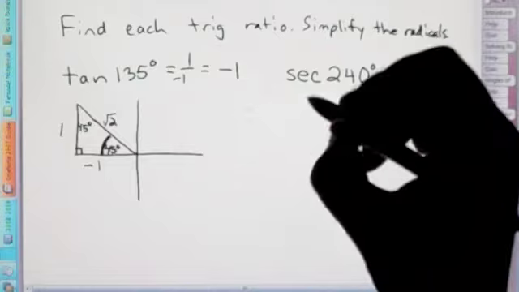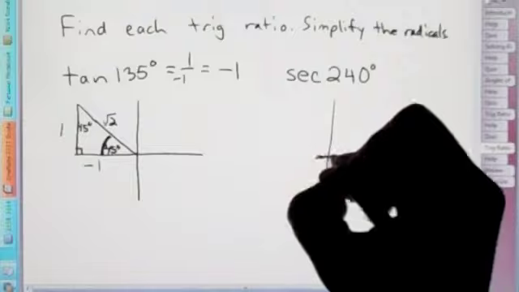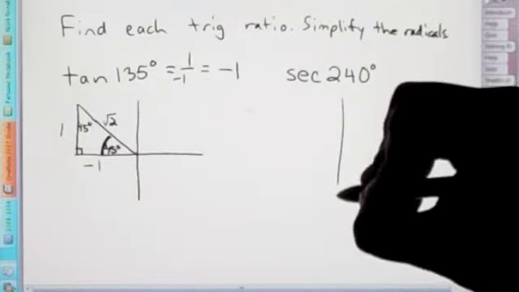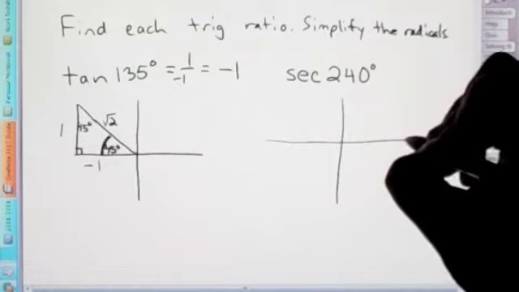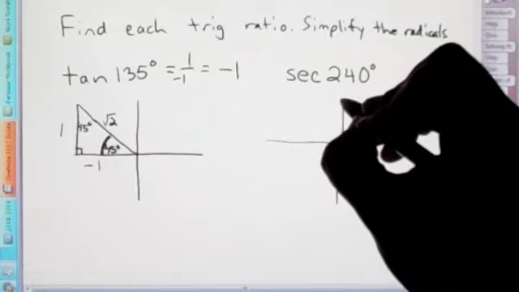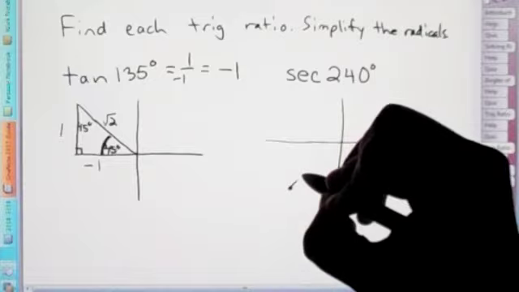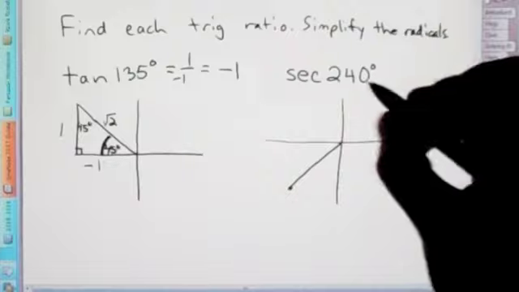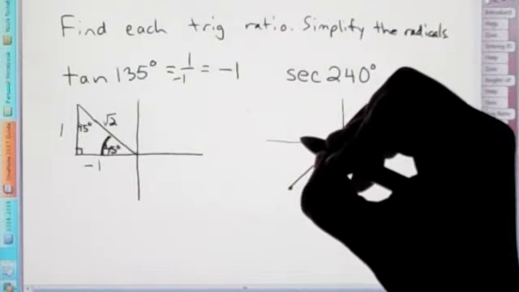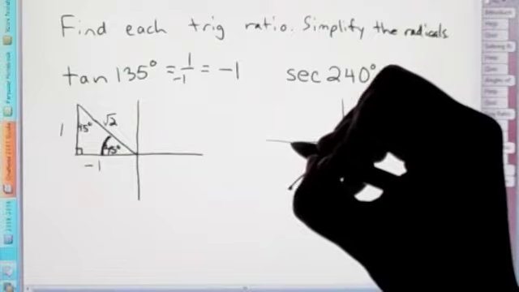Now the next one is secant of 240. Starting on this side, 90, 180, 240 degrees is going to be in the third quadrant. Halfway across, those 180, that means 60 degrees more in order to get to 240.